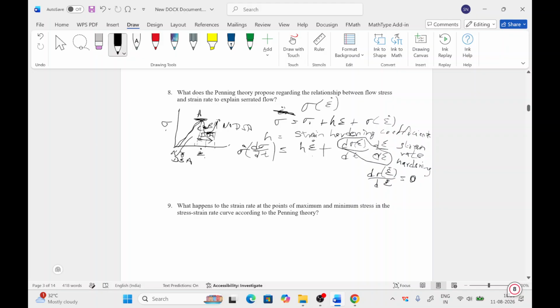So when it is zero, the change in strain rate will go to infinite at A and B.